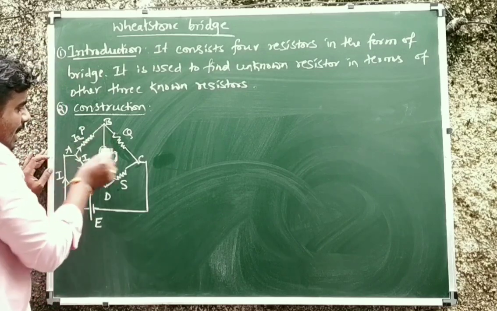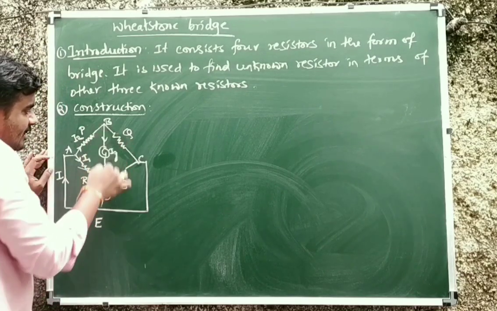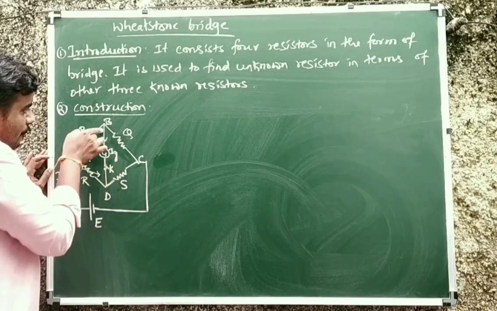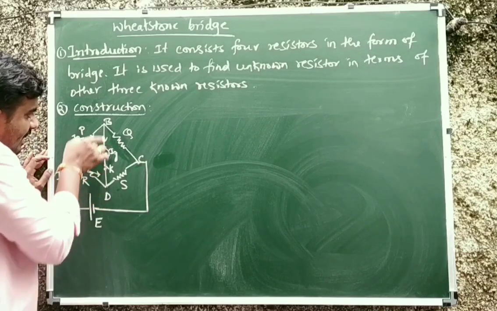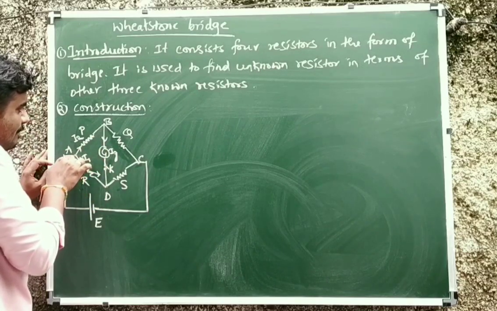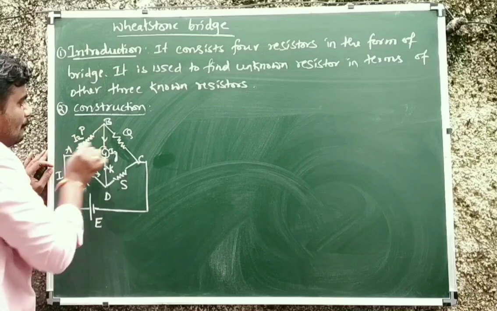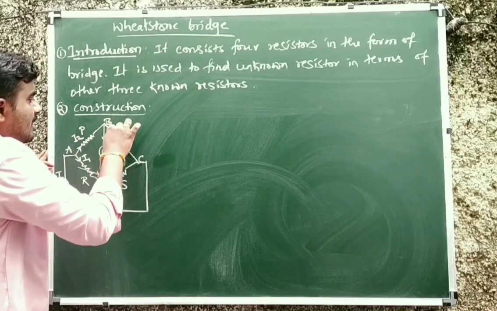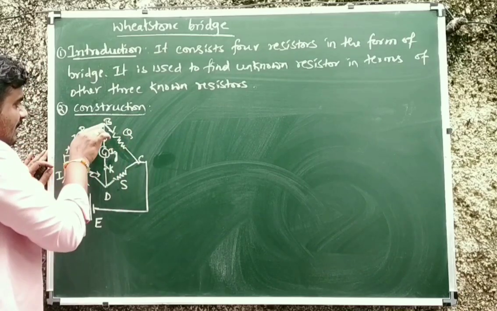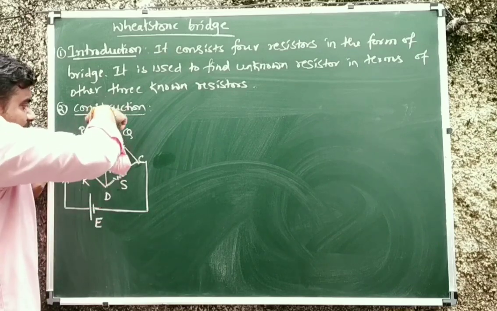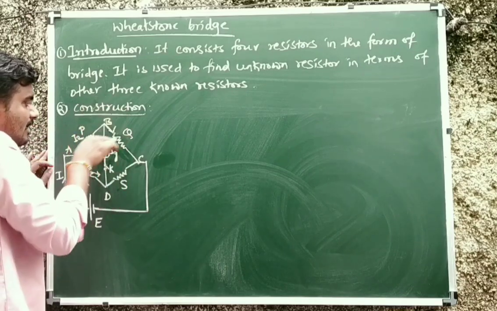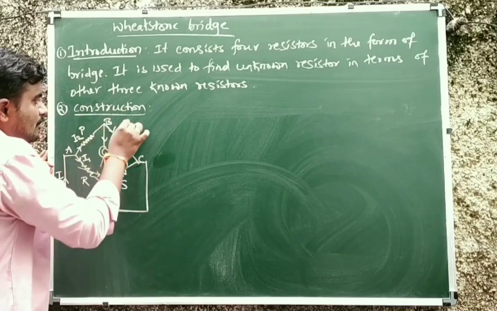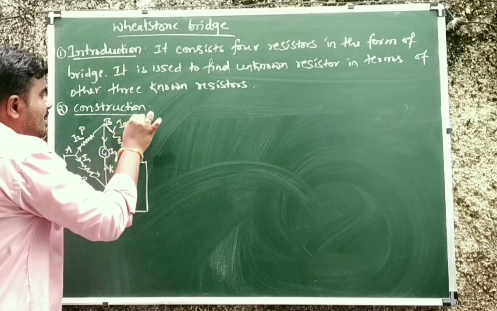Already we know IG current is flowing through this point. From B to D the current is IG, and from A to B the current is I2. Then how much current will remain here? The current entering is I2, current leaving is IG. Then the current going the other way is I2 minus IG.